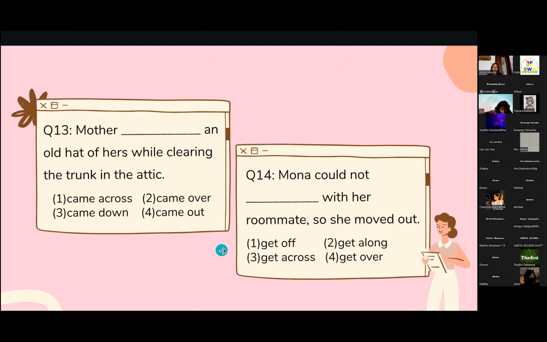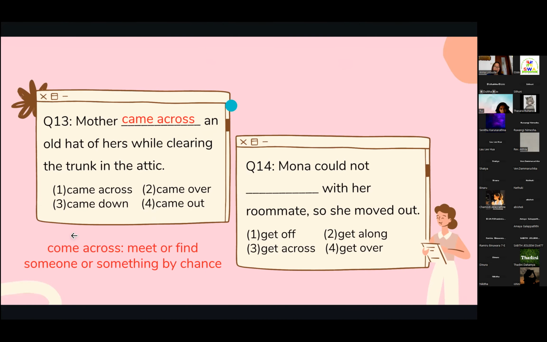The correct answer for this question is came across. The meaning of the phrasal verb come across is to meet or find someone or something by chance. The mother was cleaning this trunk in the attic, but then by chance she found this old hat of hers. That's why we use came across.